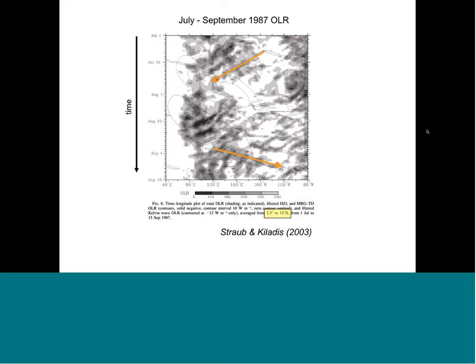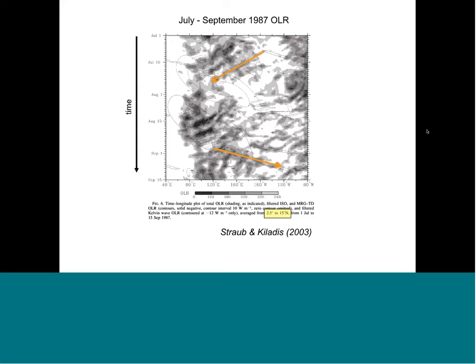For example, near the bottom, as indicated by the orange arrow, there's a moist Kelvin wave moving at maybe 12 degrees per day. Near the top, there's a mixed Rossby gravity wave event moving towards the west at about 8 degrees per day. So there are these coherent rainfall events in the tropics which have the potential to produce transient responses in mid-latitudes.